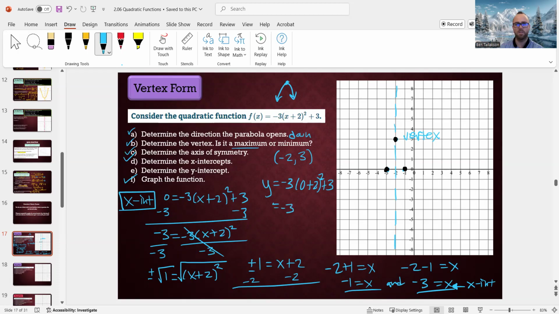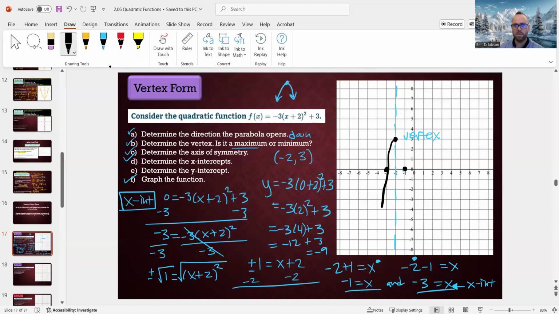So PEMDAS: 2 squared is 4, -12 plus 3, we get -9. So y-intercept at -9, it is off the charts just a bit, and that's 2 away from the axis of symmetry. We're going to have 2 points right about there.